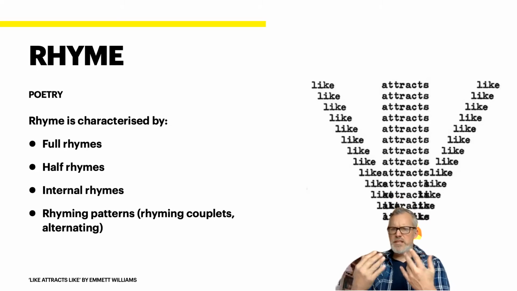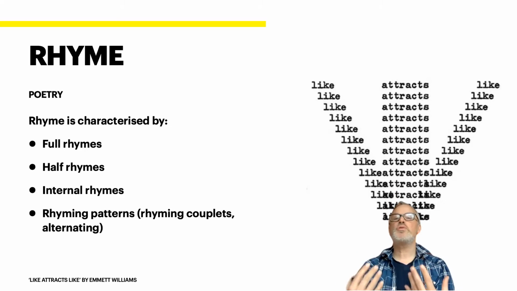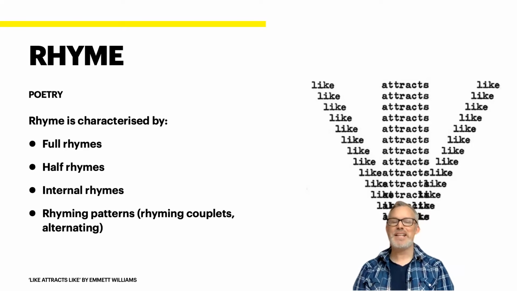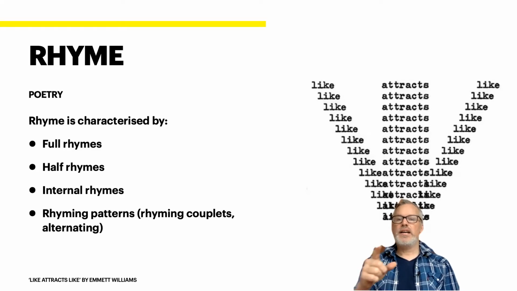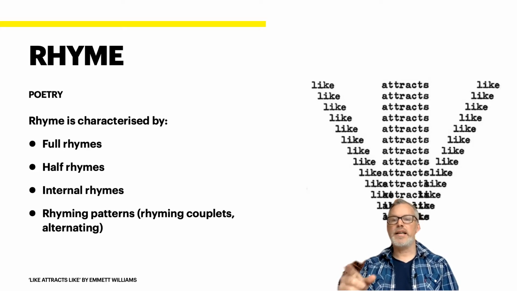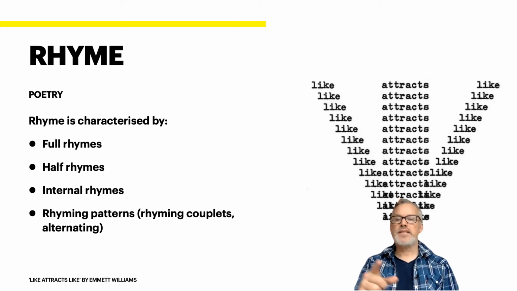It too, though it's a free-form visual poem that presents a striking image, an arrow coming down into my head at the moment, does have features of rhyme through repetition of like, attracts like, attracts like, attracts like.